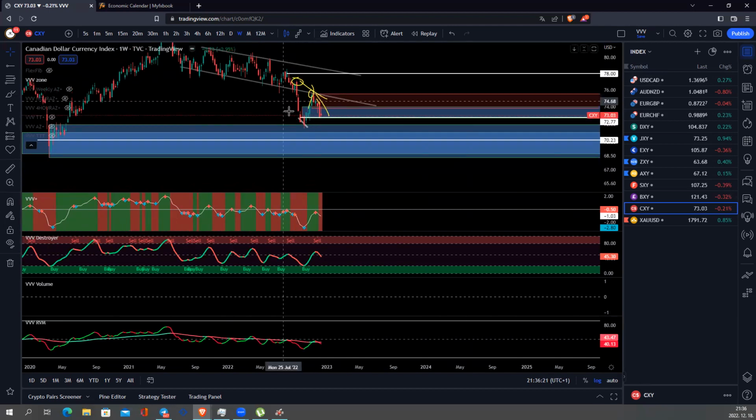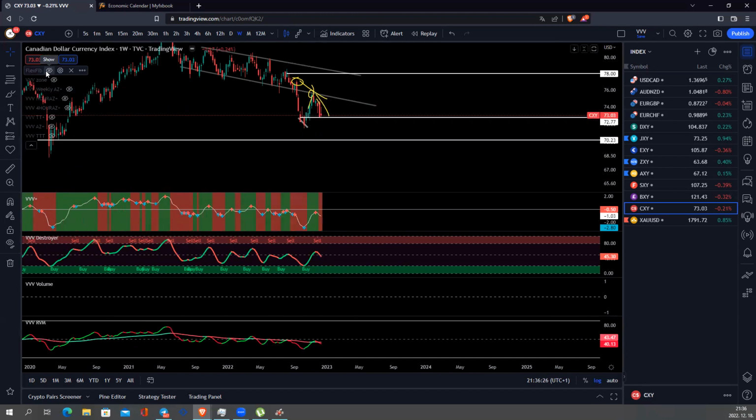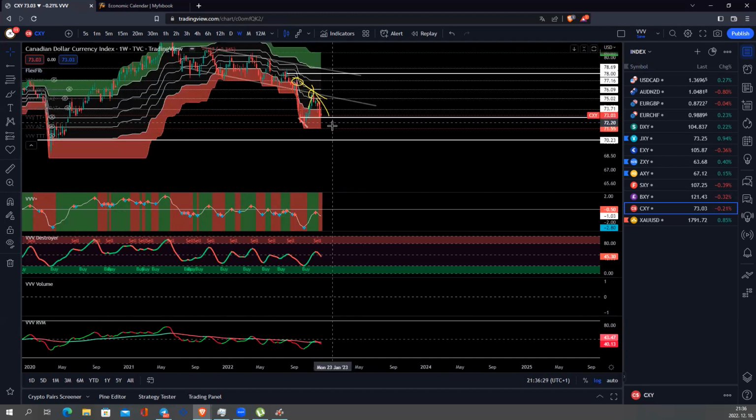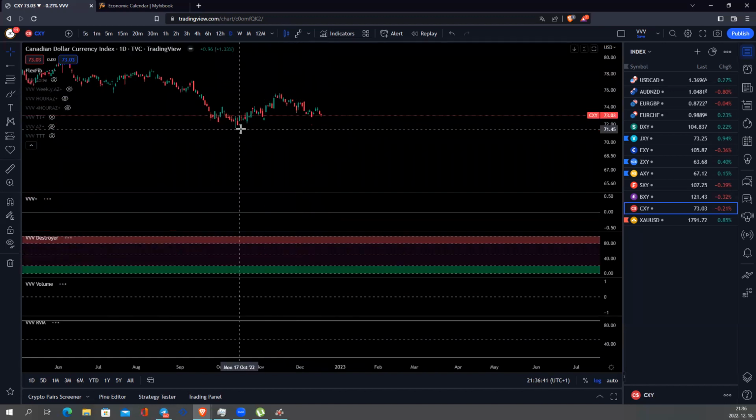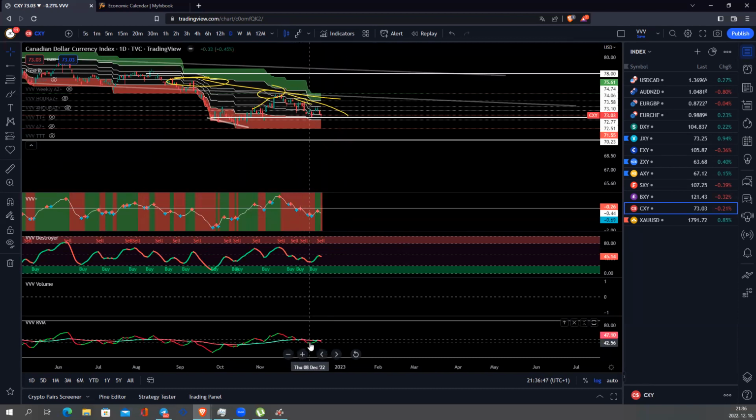So there is a lot of zones inside the VVV zone, and this is my possible target zone. One is reached, and here's my second target zone as two. All right, and on daily basis, I think we already broke. Yes, we broke, and we made a retest, and here also divergence on daily basis, and yeah, the movement is about to go down.